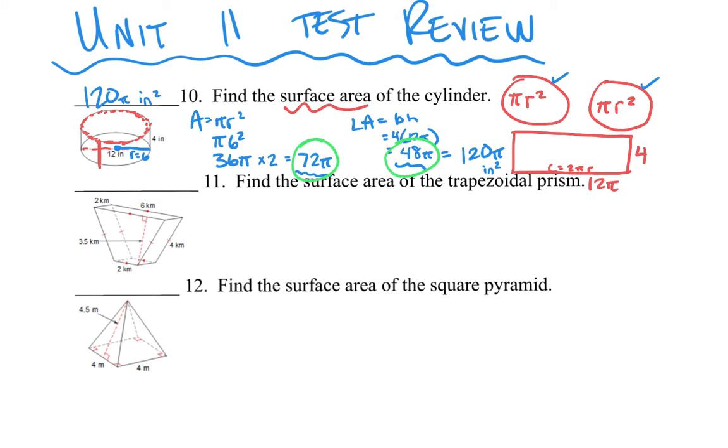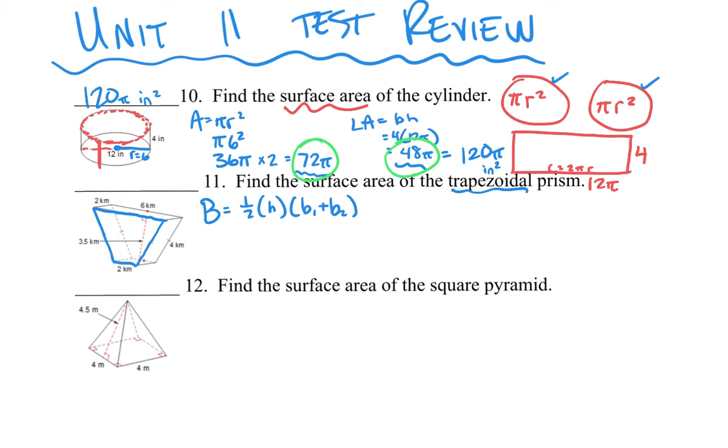Cool. Up next, we have the surface area of a trapezoidal prism. So a trapezoidal prism means that the area of my bases, I'm going to use a big B for the area of my base, is a trapezoid. So 1/2 times the height times the two bases of the trapezoid. So I'm only focused on the trapezoid at the moment.